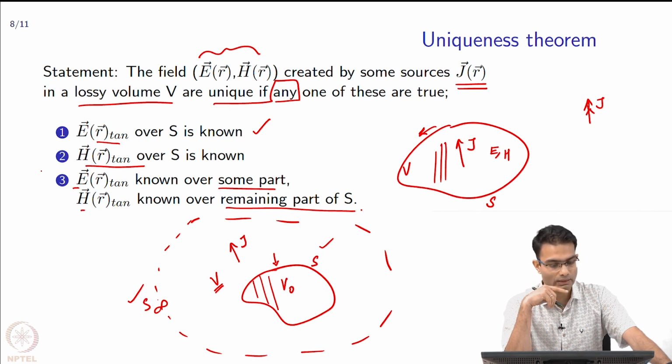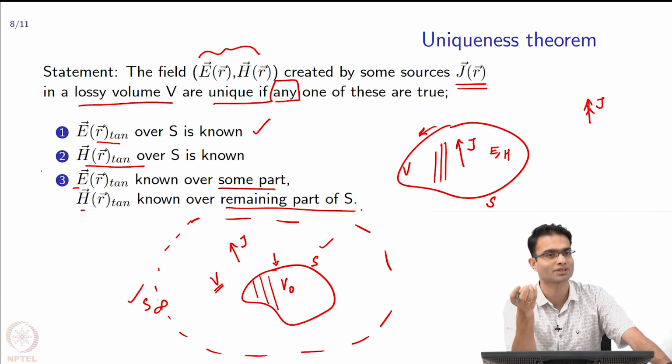Why doesn't the theorem talk about charge density? In this particular case, we are dealing with a case where we are talking only about currents. We are talking about electrodynamics, not electrostatics. The theorem could be extended also in that case, but we will not deal with static charge. In fact, Griffiths has a very nice discussion about it.